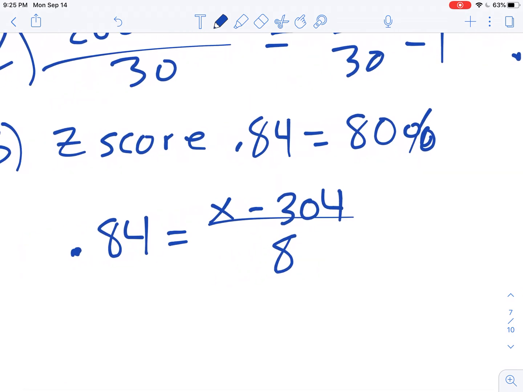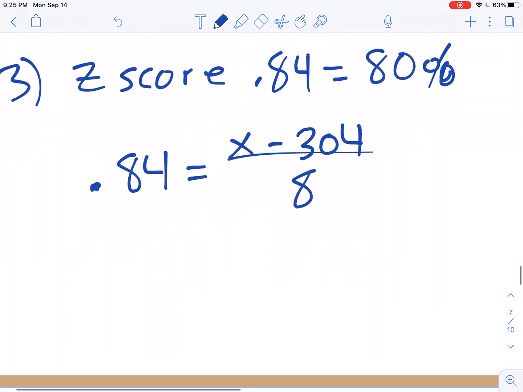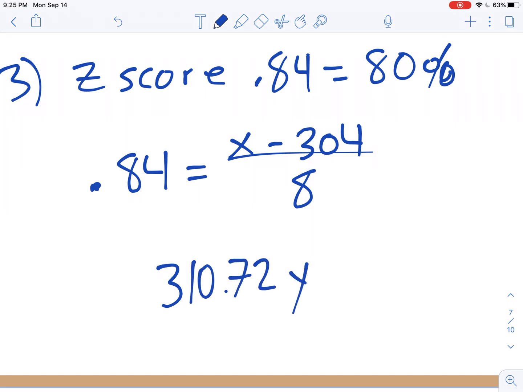And now I solve for x, just like any algebraic equation you've ever had. So you do 0.84 times 8, and then you add 304 to it, and you will find that the 80th percentile of a drive length for Tiger Woods is 310.72 yards.